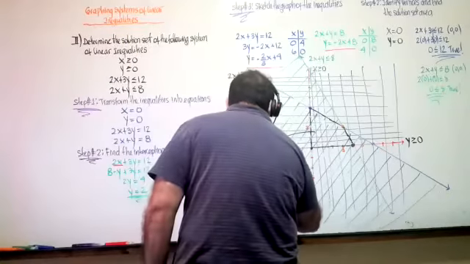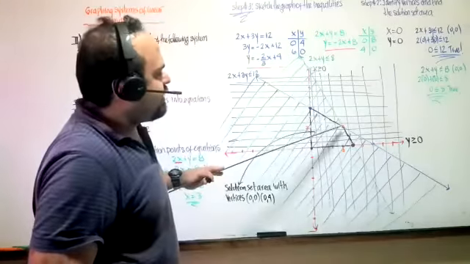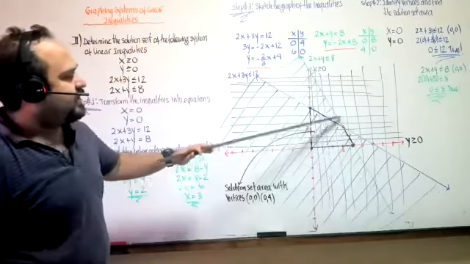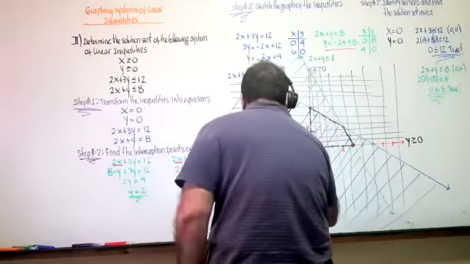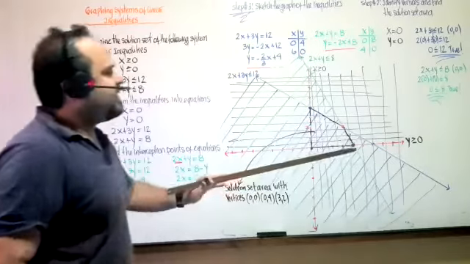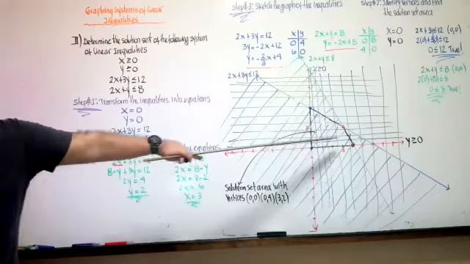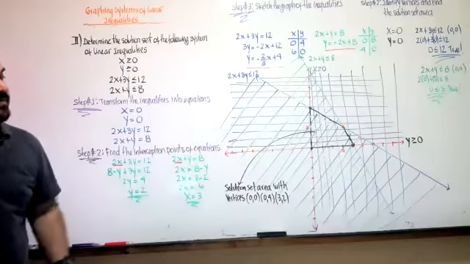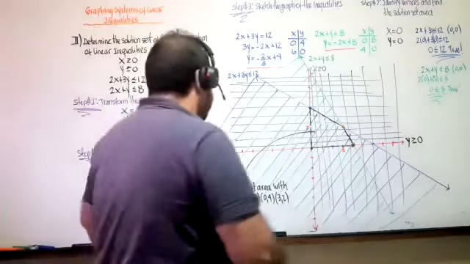This one will be, if you see the intersection point between 3 and 2, 3, 2. And finally, what point will be this one? 4, 0, exactly.